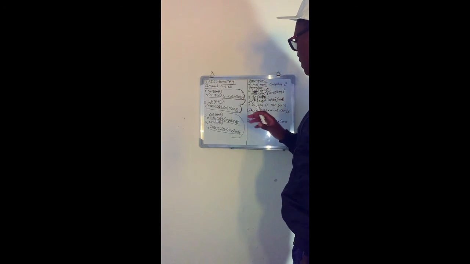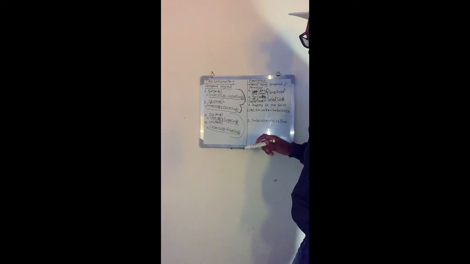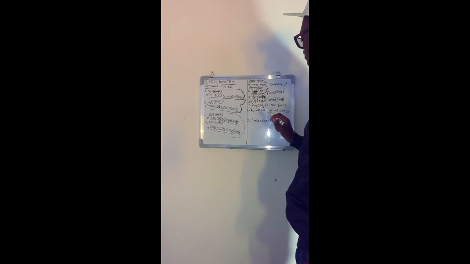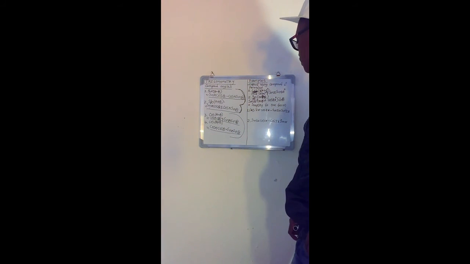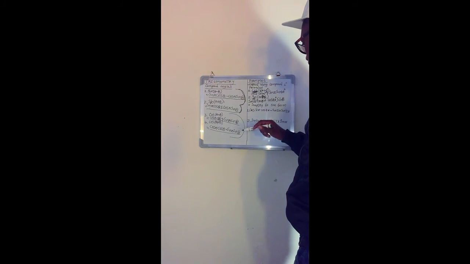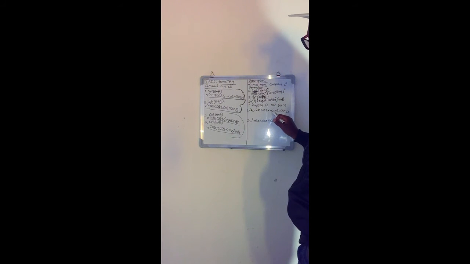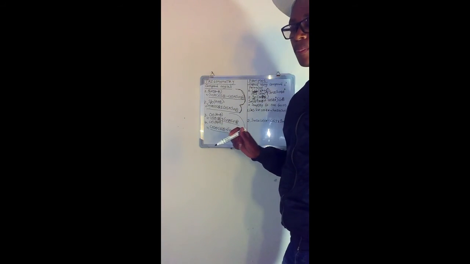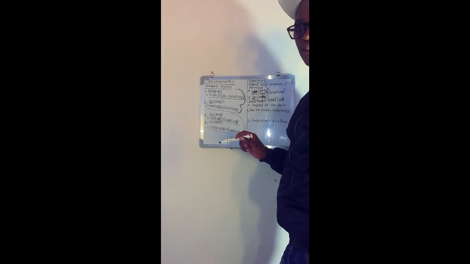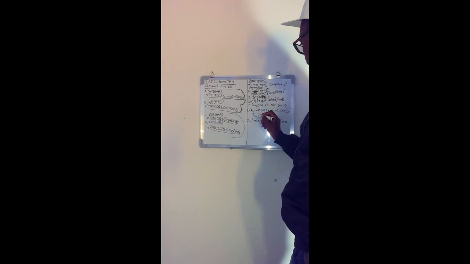And then another question says simplify to one term. So we have to simplify the questions that we've been given. The first one: cos 2x multiplied by cos 3x minus sin 2x multiplied by sin 3x. We have to simplify it to one term.